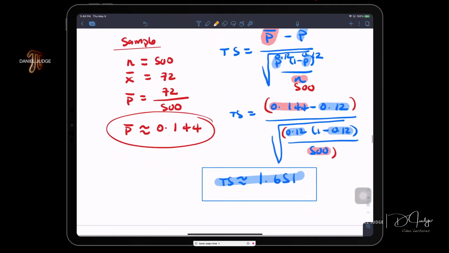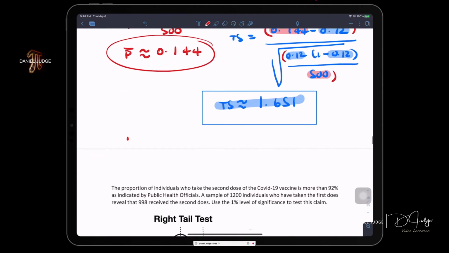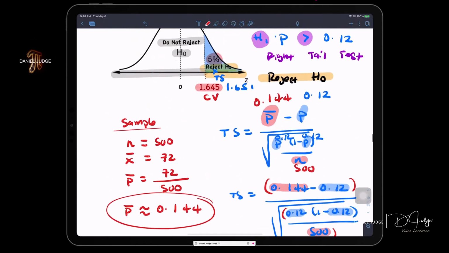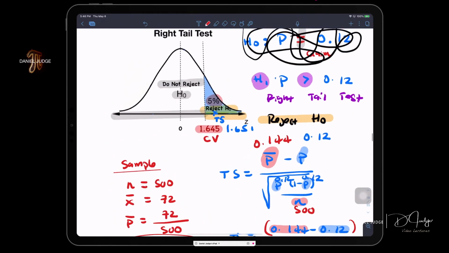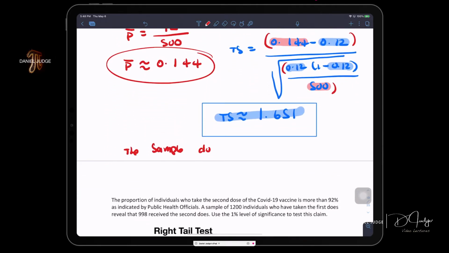And I don't have any space, but here's the conclusion. We threw out the null, we threw out the claim. The claim is out. The sample does not support the claim.